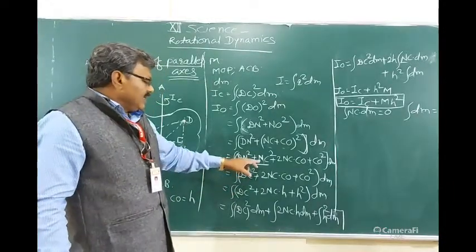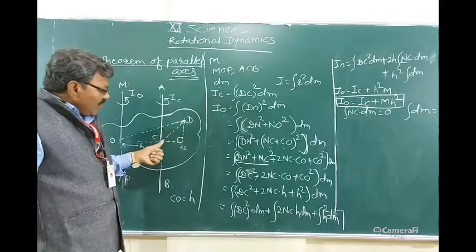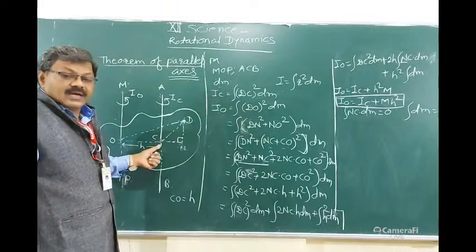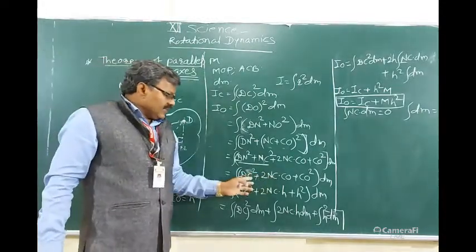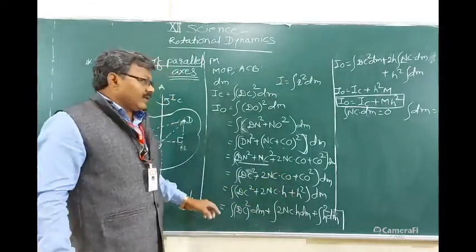Now DN square plus NC square, again by taking the small right angle triangle, this DC square is equal to DN square plus NC square. We get this as DC square plus twice NC dot CO plus CO square.